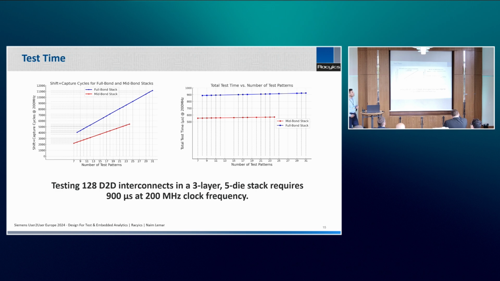That's because the amount of time spent on shift and capture is much less than test setup and SSN setup. So finally we can say that you can test 128 die-to-die interconnects in a 3-layer or 5-die stack within 900 microseconds if you have a 200 megahertz clock frequency.